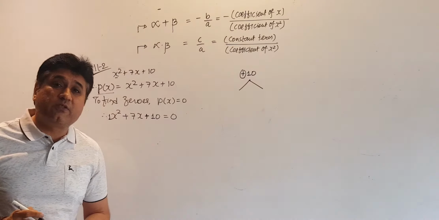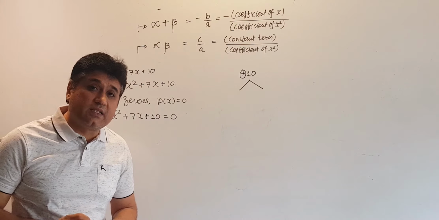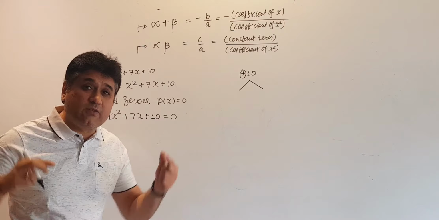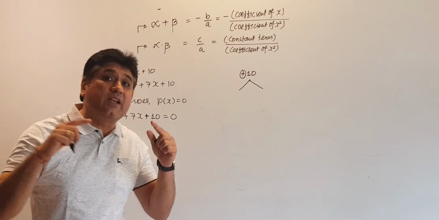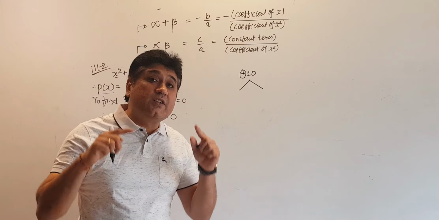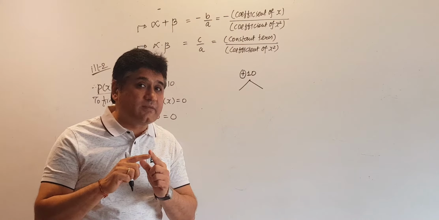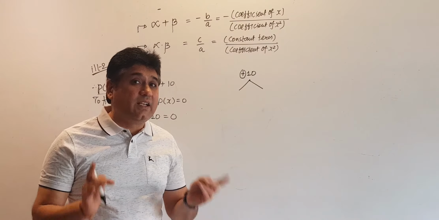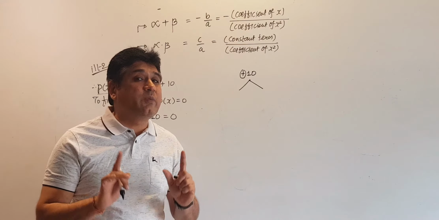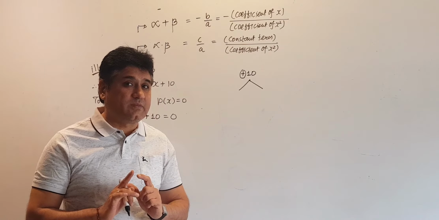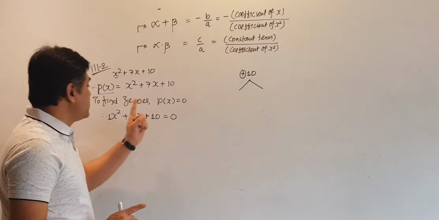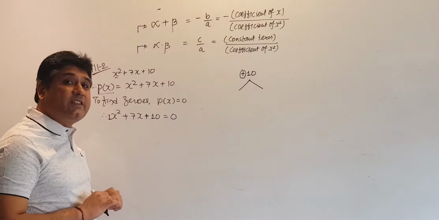So while I take the factors, these two factors I have to add. And while I am adding two factors, the base is very clear: its sign should be equal. And what would be the sign? The sign of the middle term.